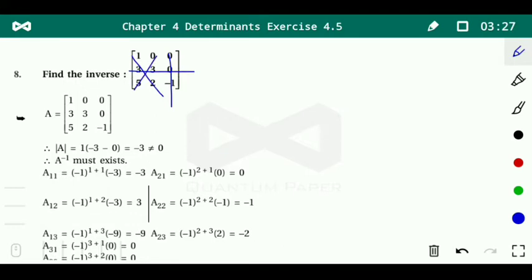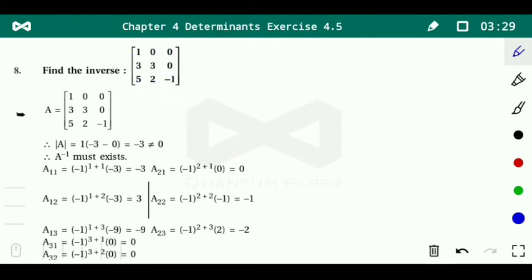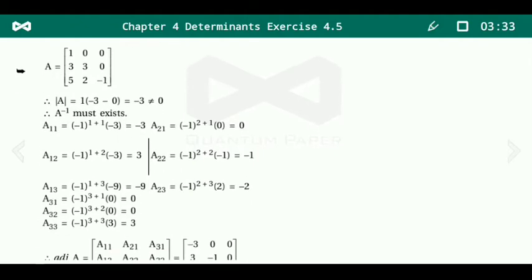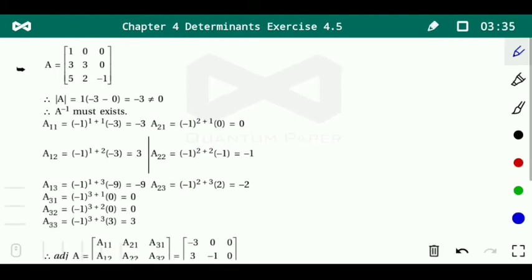Is it clear? Now next we have to find capital A31. We remove the third row, first column, and minus 1 raised to 3 plus 1, because 3 plus 1 is 4, it will be positive, so minus 1 raised to 4 will be 1, and the value of the determinant is 0, so the answer is 0.